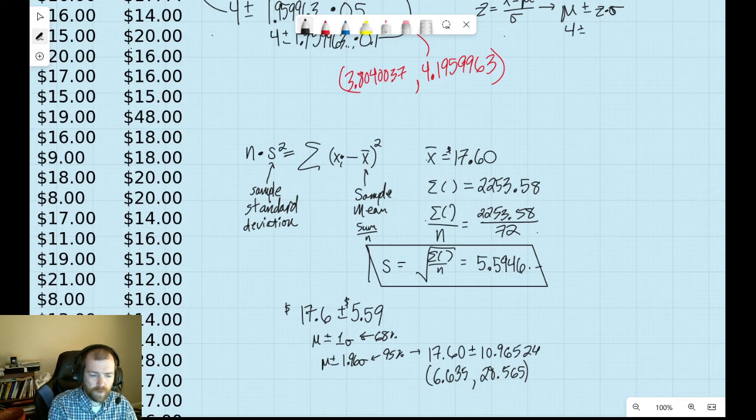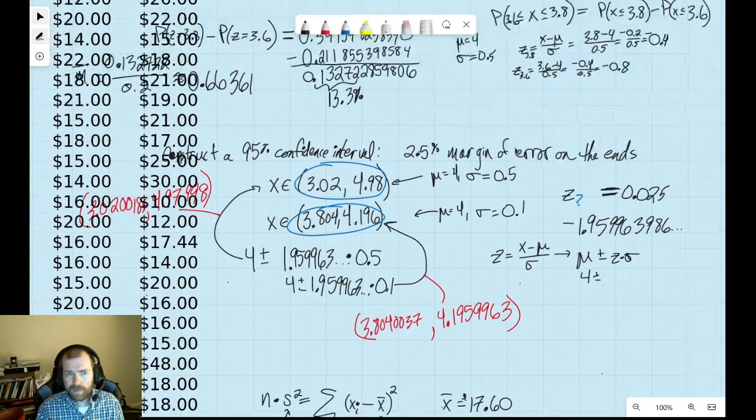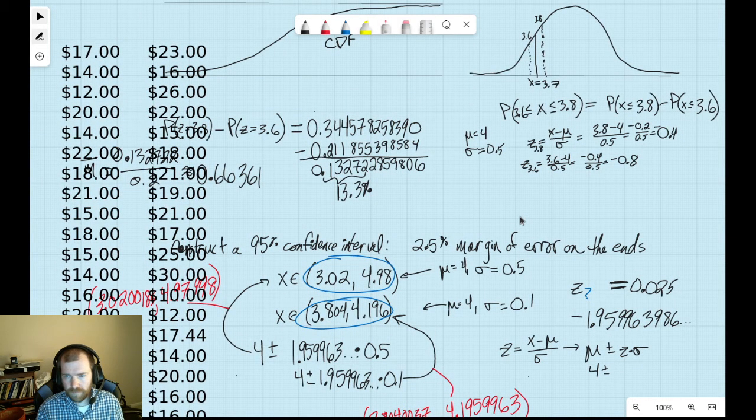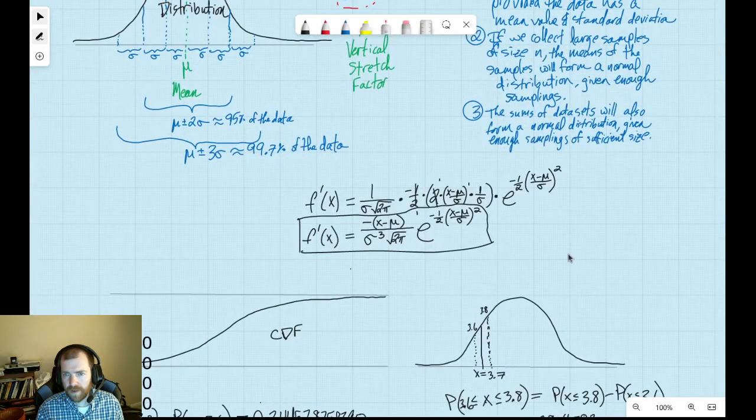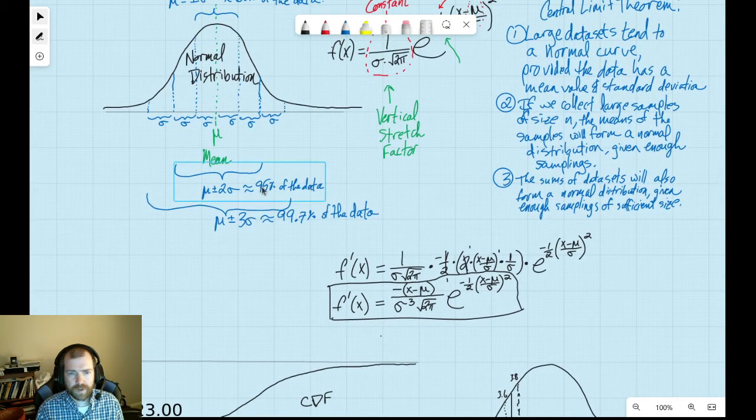So that's saying that we want almost a 2 sigma confidence interval. So we were saying up here a while ago, 2 sigma itself, right? 2 sigma is about 95% of the data. It's a little bit more than that.